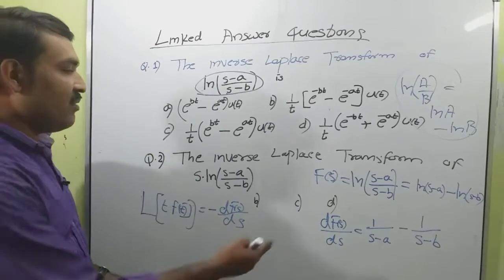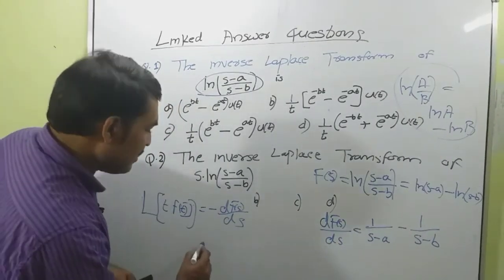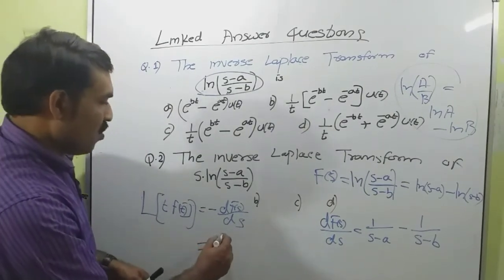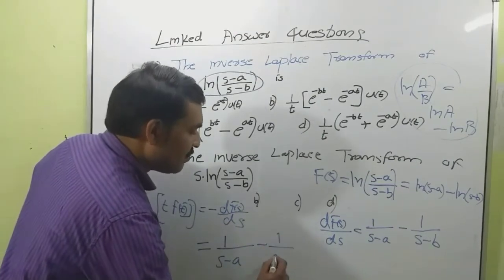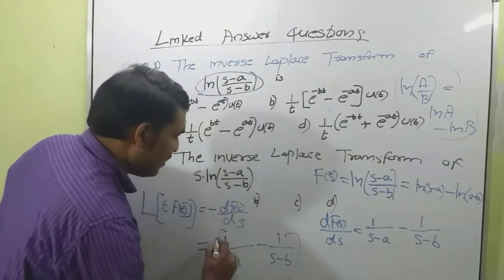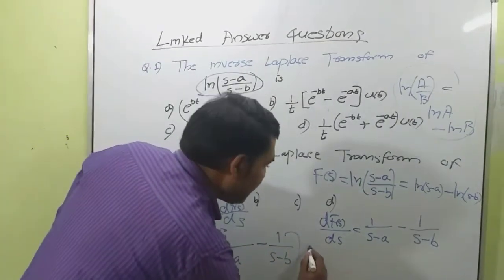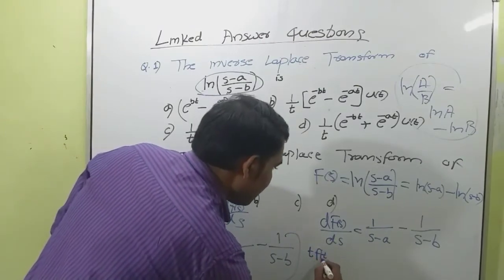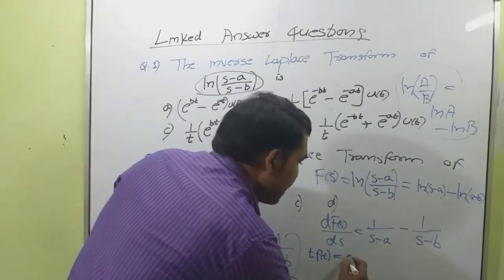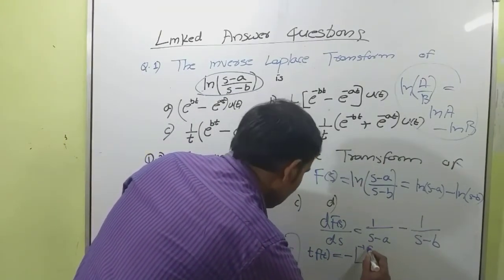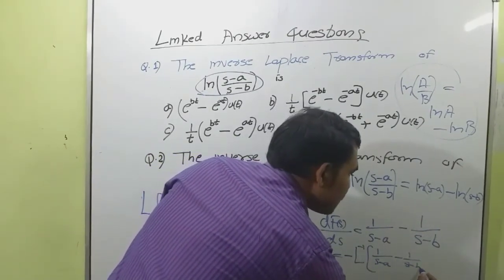Okay, and we have dF of s by ds equal to this term. So this is equal to 1 divided by s minus a minus 1 divided by s minus b, and here there is a minus sign. Okay, so we can write t into f of t as L inverse of this term, that is minus of L inverse of 1 by s minus a minus 1 by s minus b.